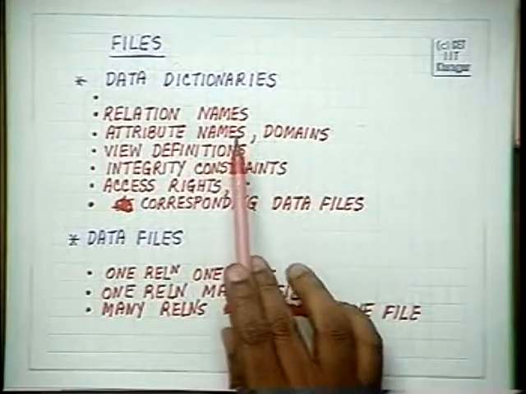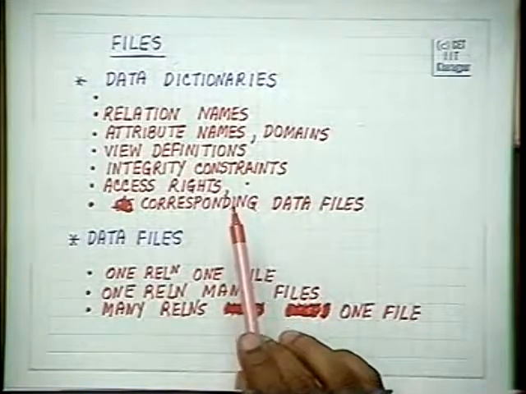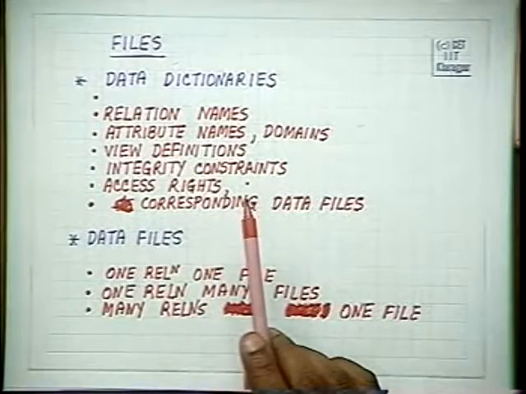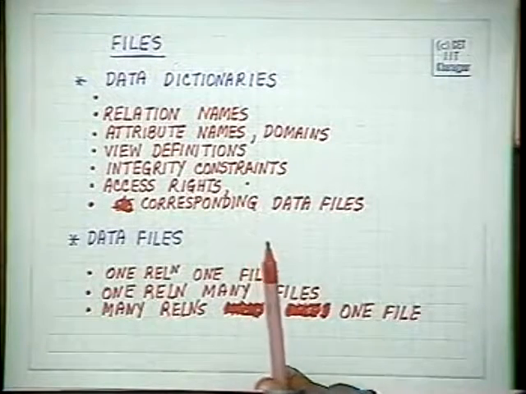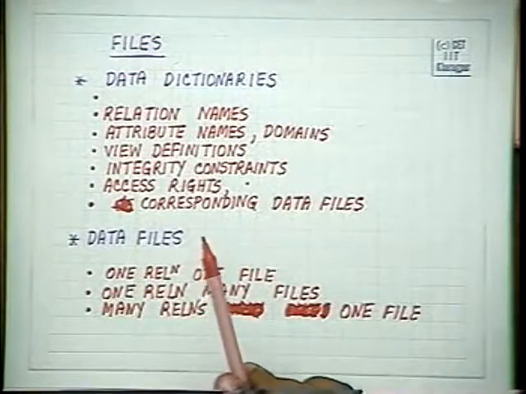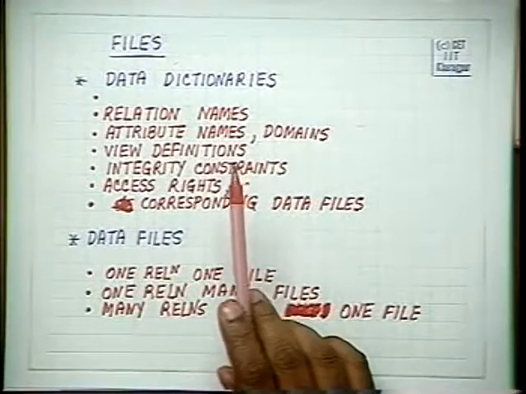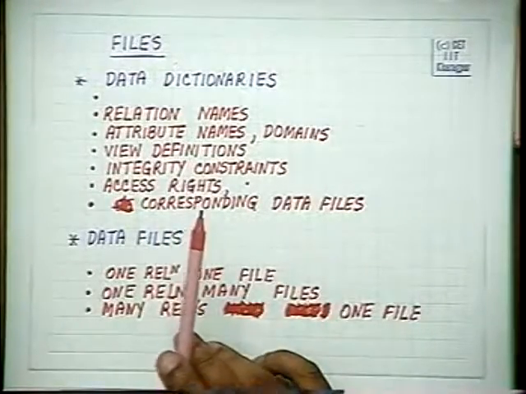This data and information will be stored there, and this data dictionary will be accessed each and every time you logically access a particular database. You access a table. Once you access a table, the database manager will call the file manager. The file manager will consult the data dictionary, or the database manager will consult the data dictionary and then tell the file manager. It depends on the implementation.